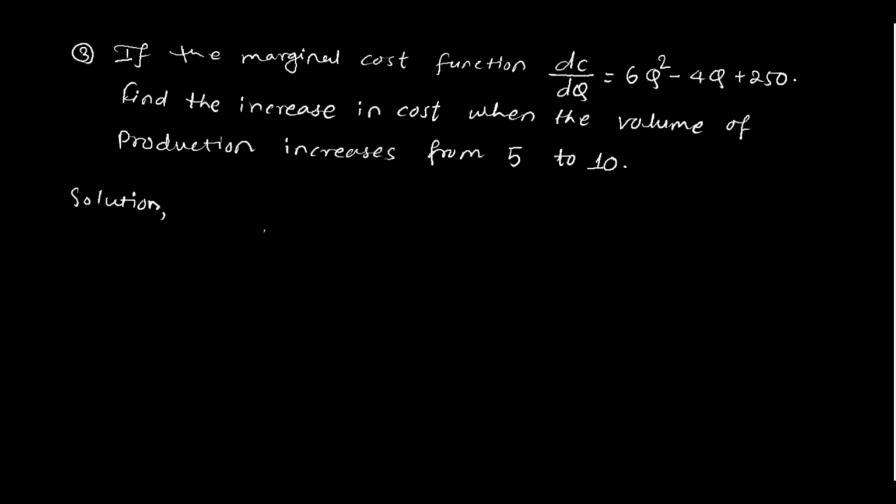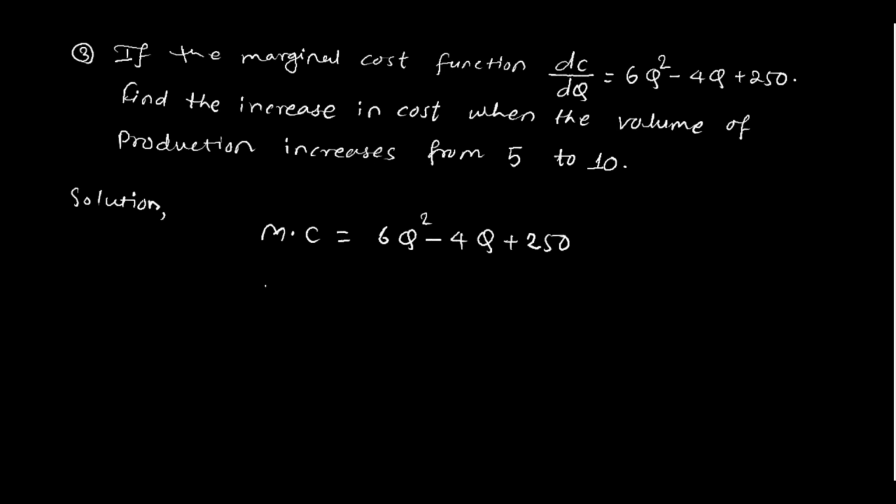Example number 3. If the marginal cost function, the derivative represents the marginal cost, equals 6q square minus 4q plus 250. Find the increase in cost when the volume of production increases from 5 to 10.